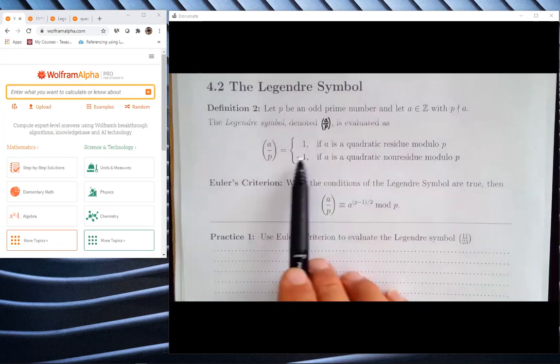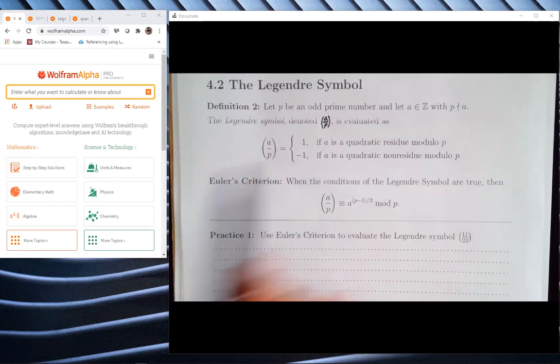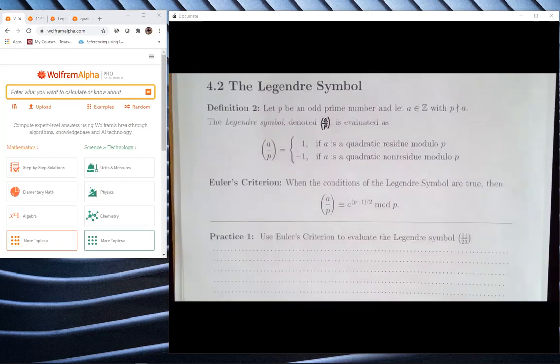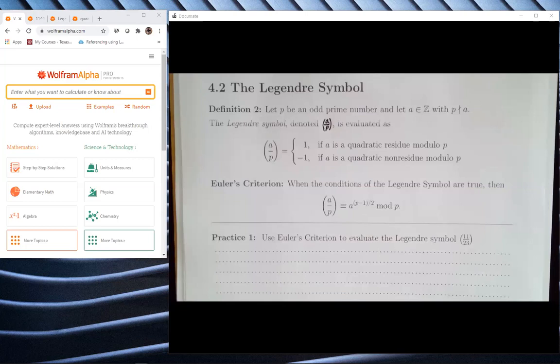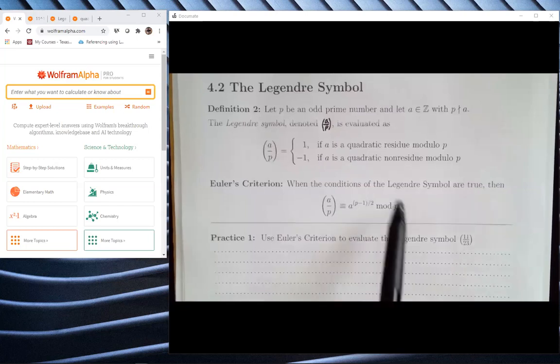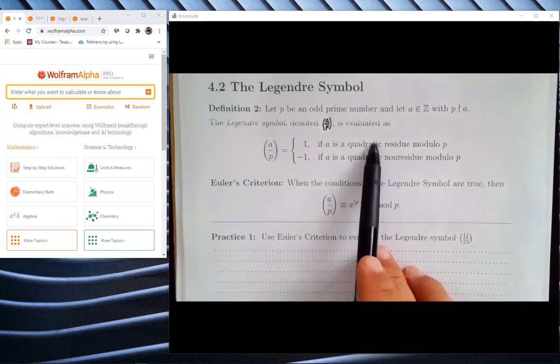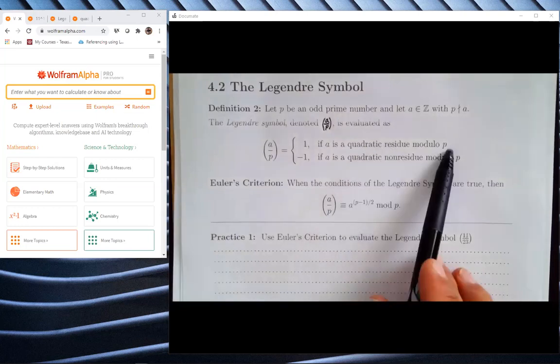In other words, this Legendre symbol helps simplify some computations in determining whether we have a quadratic residue modulo some odd prime number.